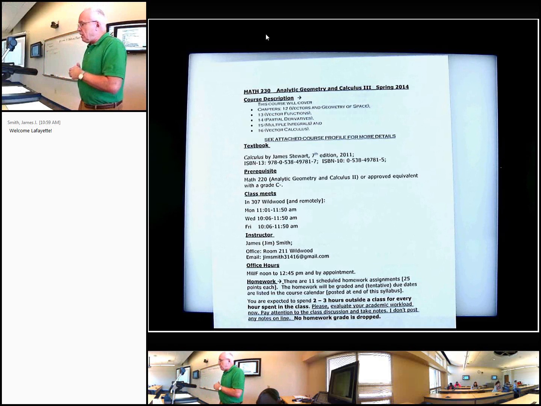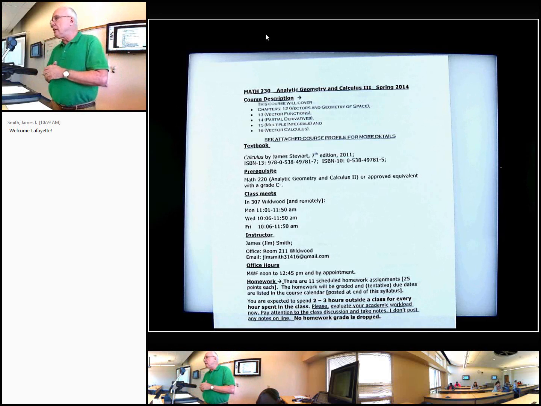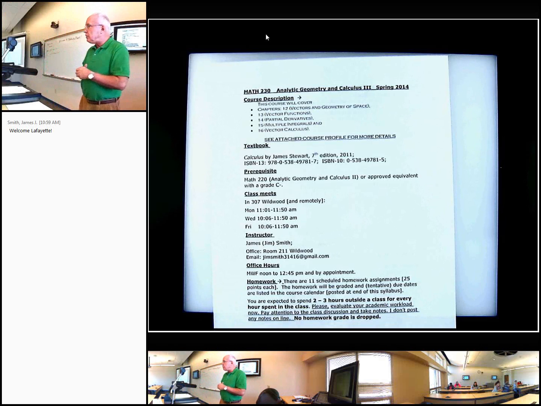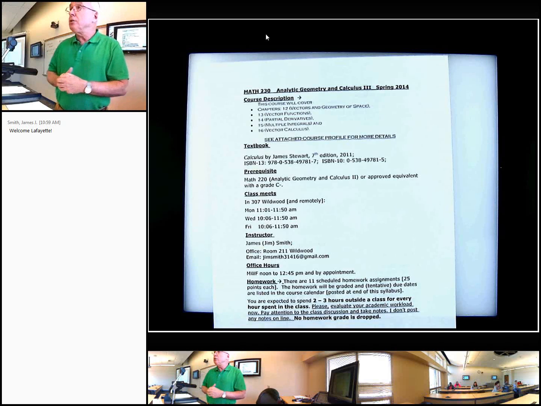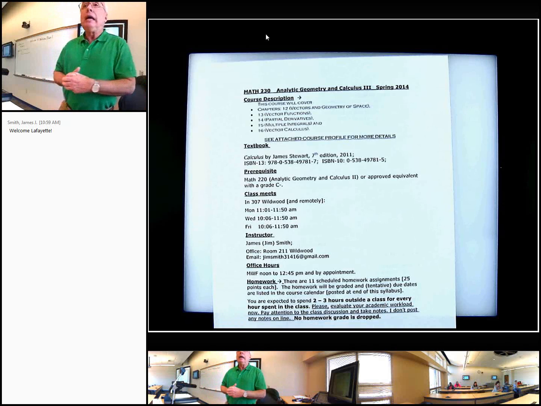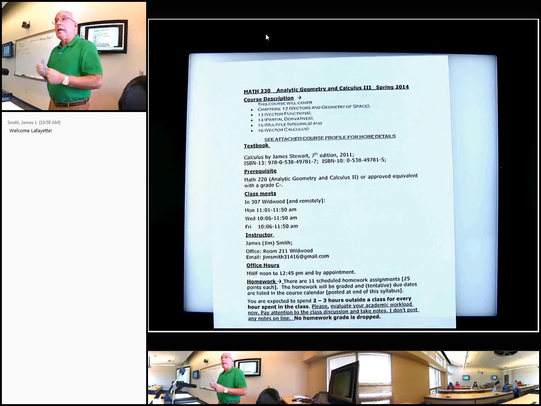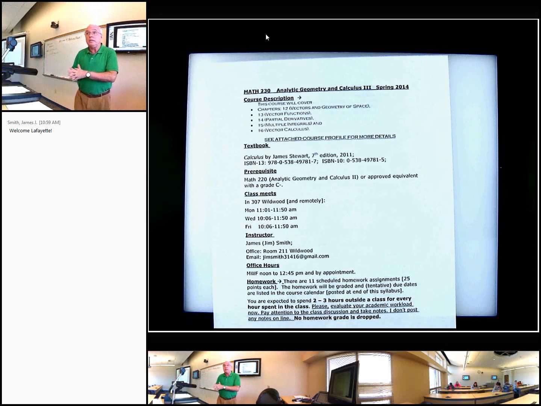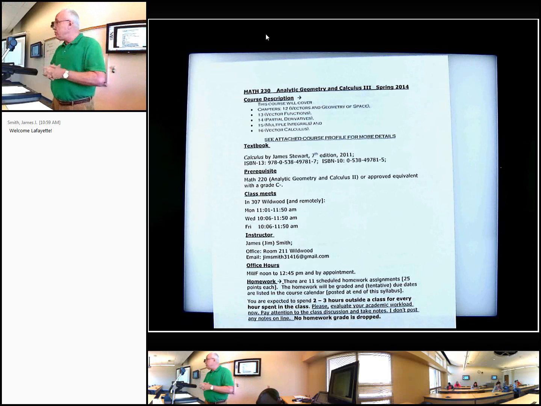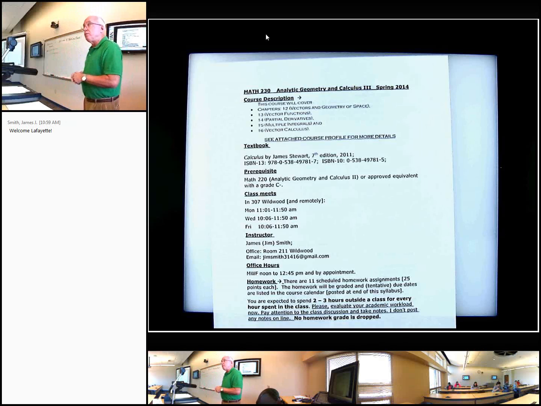This is multidimensional calculus, so we're going to be looking at three-dimensional space. First of all, we'll look at vectors, what vectors are, and how we can do certain operations on vectors and what those mean. That'll be in the first two chapters. Then we're going to look at what are called partial derivatives in chapter 14.